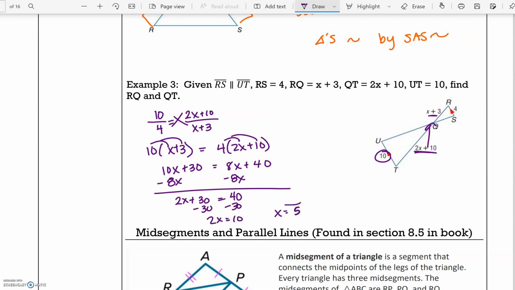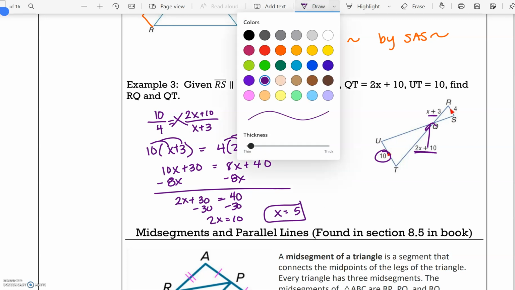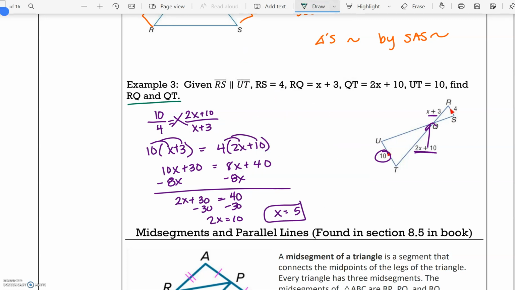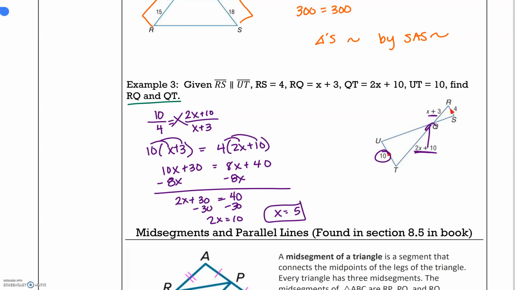So x is equal to 10, and then it wants us to plug it back in to find RQ and QT. So RQ up here is going to be 5 plus 3, which is 8. And then down here, 2 times 5 plus 10, which would be 20.